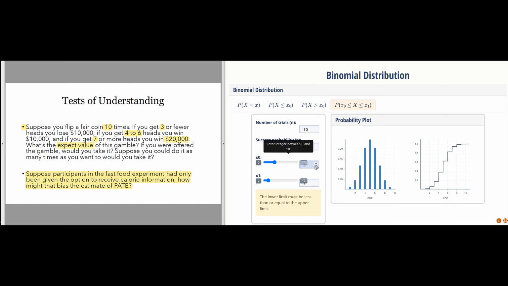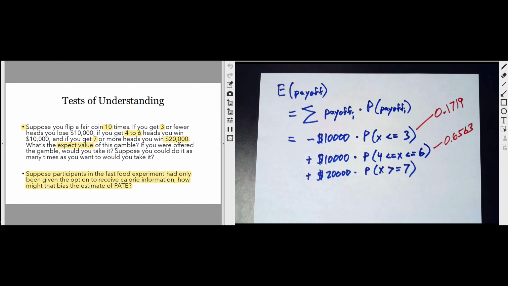The lower bound is going to be 4, and the upper bound is going to be 6. All right, so the probability that X is greater than or equal to 4 and less than or equal to 6 is 0.6563. Okay, so that's the second probability.